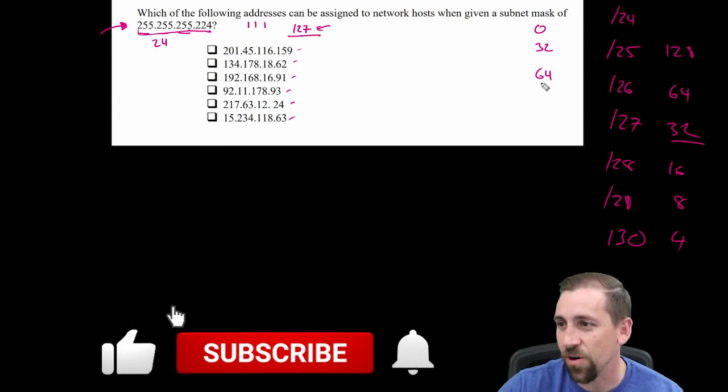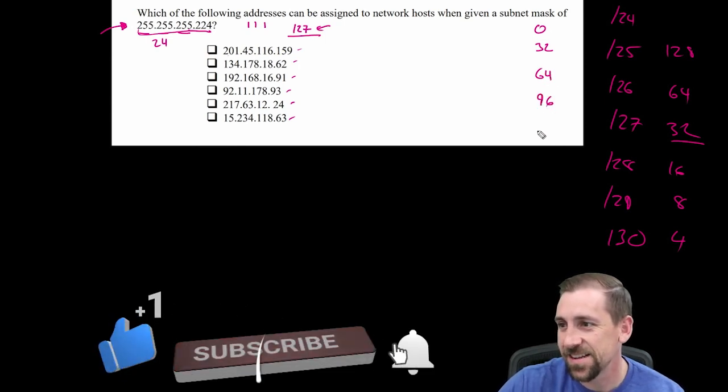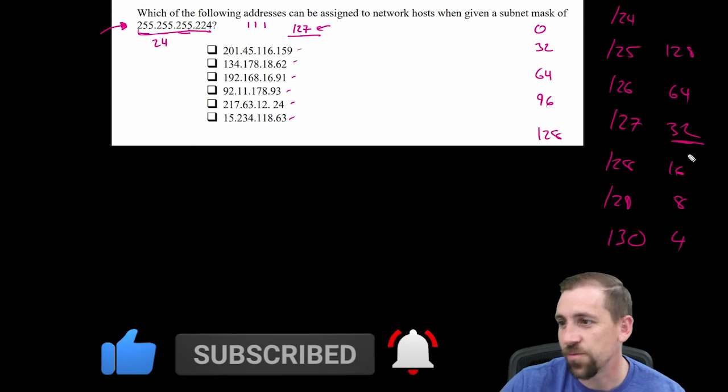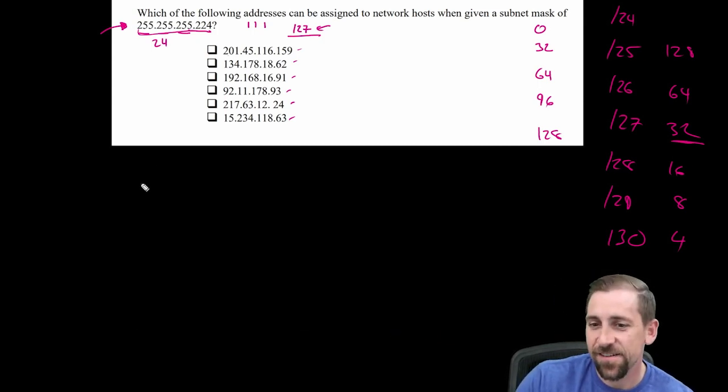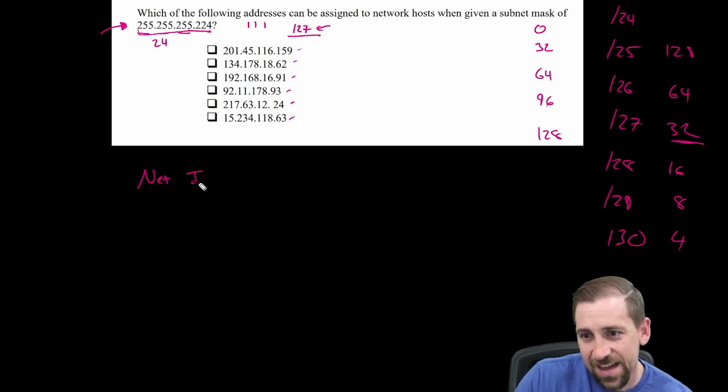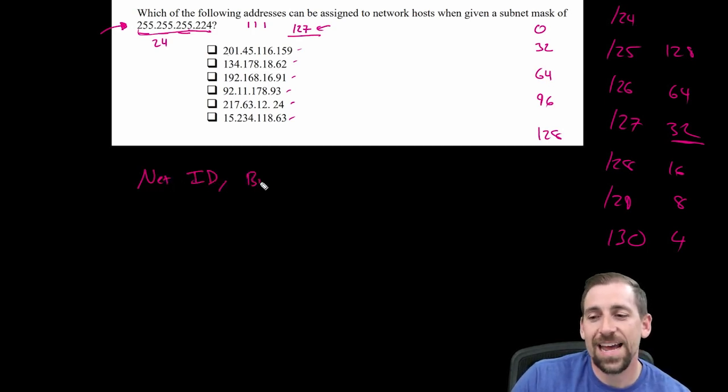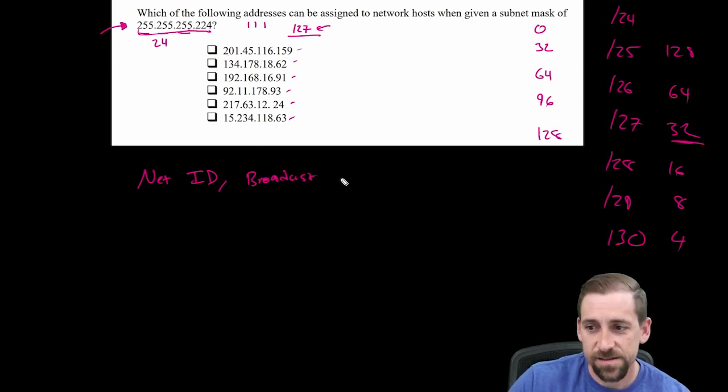These are the boundaries of the networks. 96, 128, because their block size is 32. And then I have to define that the network ID and the broadcast ID are not usable.